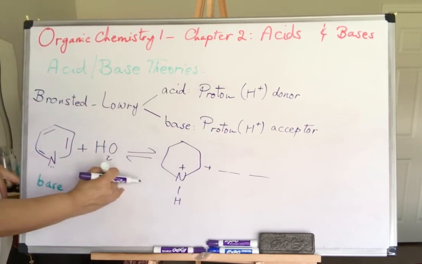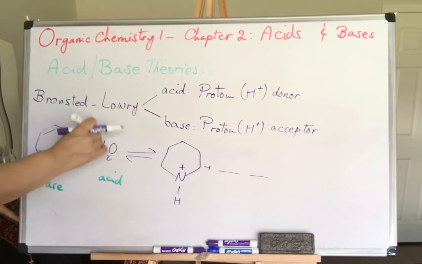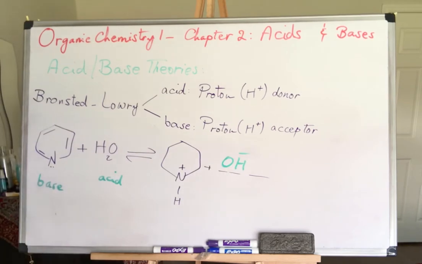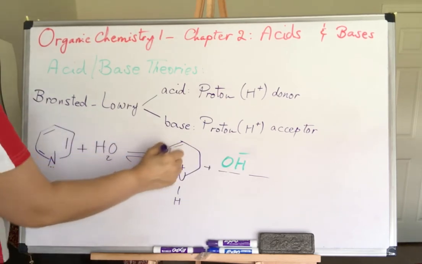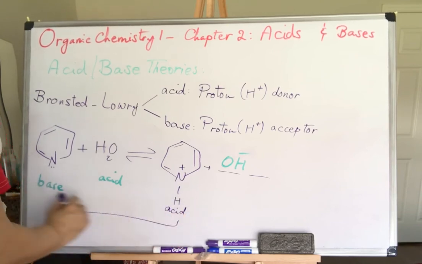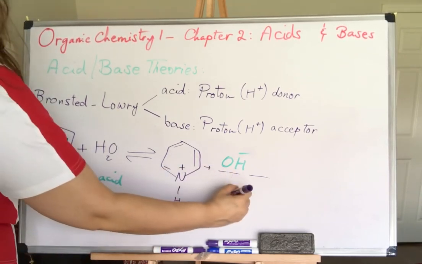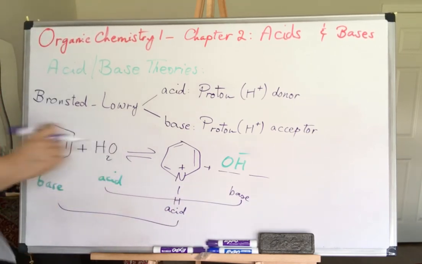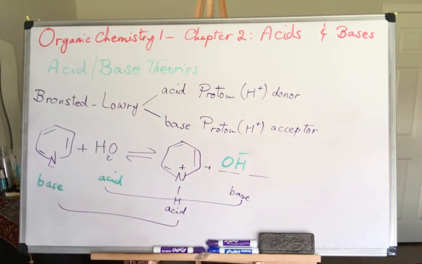So water should be your acid. It has donated a proton, which makes it OH. And on the other side, we are dealing with acid here. These are the conjugate acid-base pair, and OH is the base, the conjugate pair for this one. Don't forget to determine each of these four by Brønsted-Lowry theory for yourself.